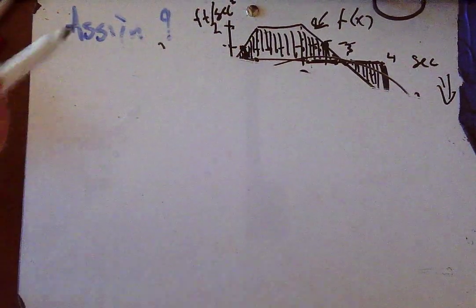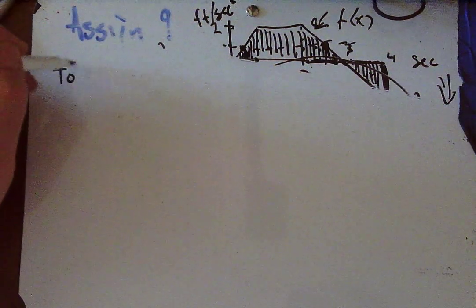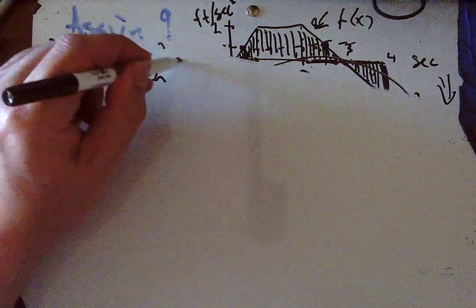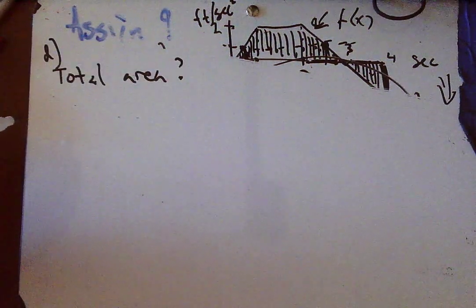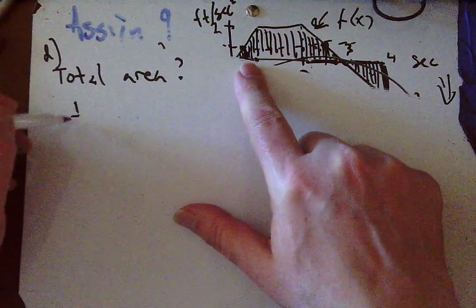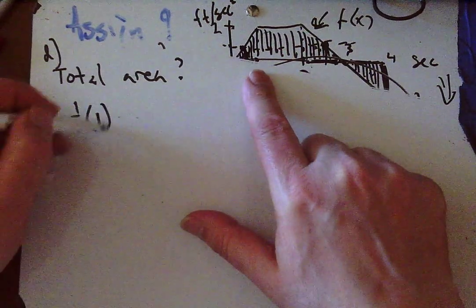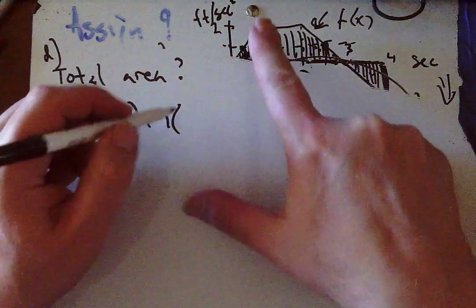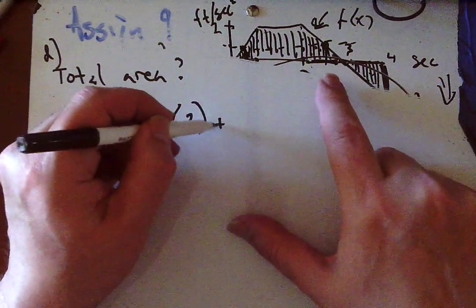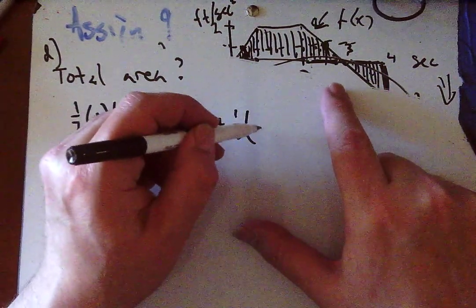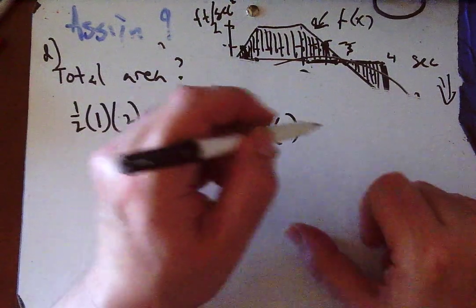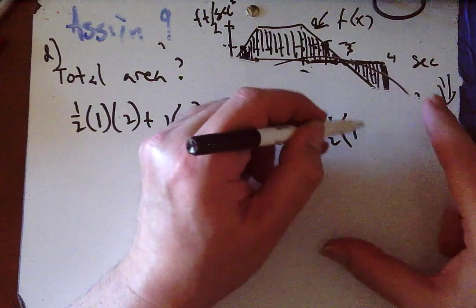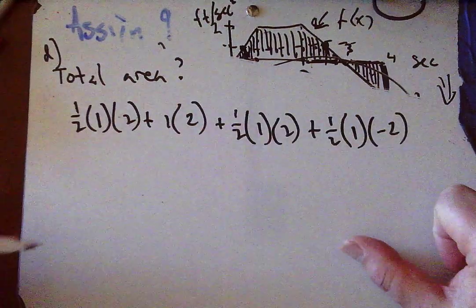Next, total area. What's the total area here? Well, we have 1/2 base of 1, height of 2, plus 1, height of 2, plus 1/2 base of 1, height of 2, plus 1/2 base of 1, height of -2.